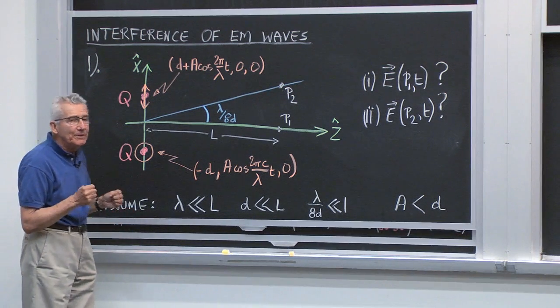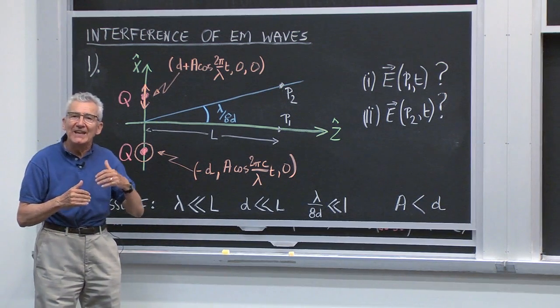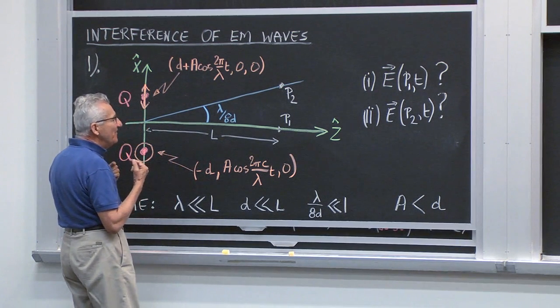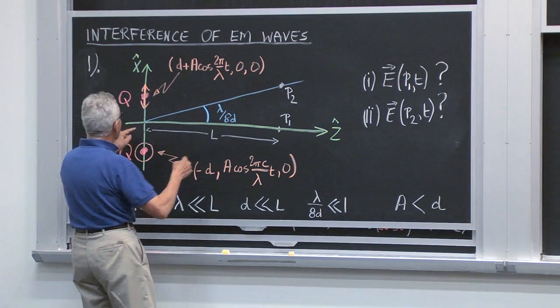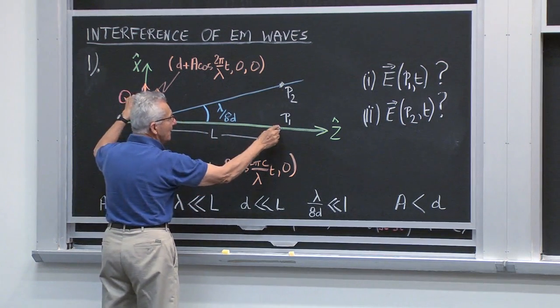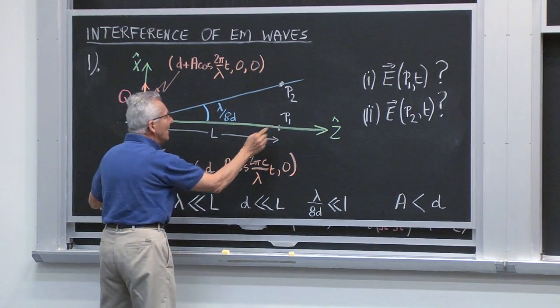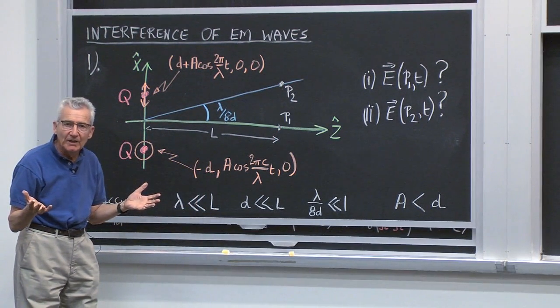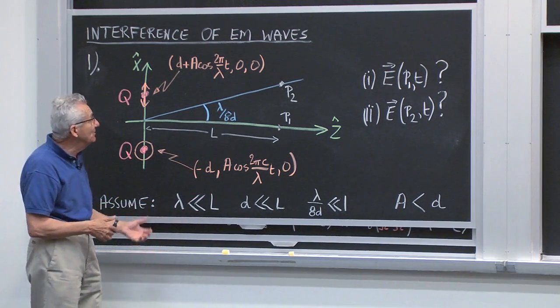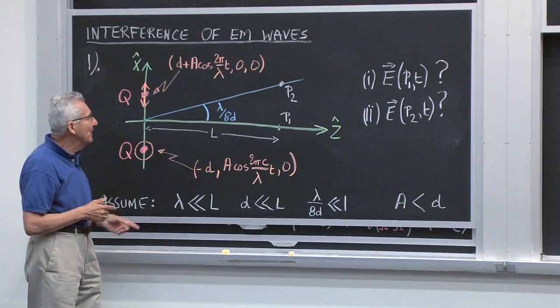Now, from the point of view of the amplitude, the difference in distance between this and here, or this and here, is insignificant, and so I ignored that in the previous calculation, and I'll do the same here.